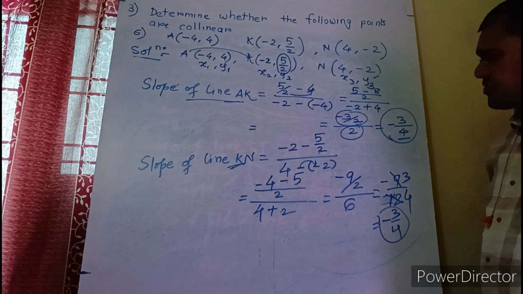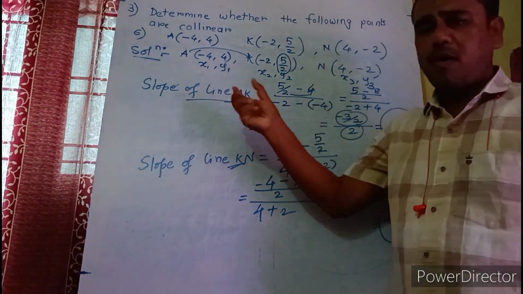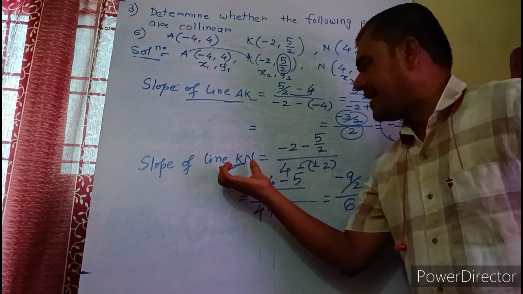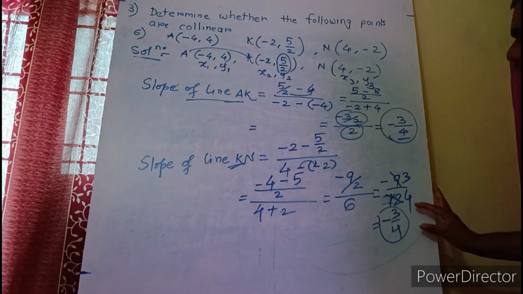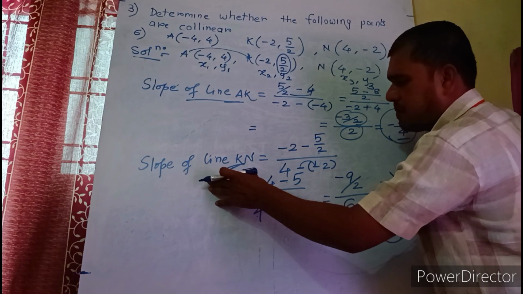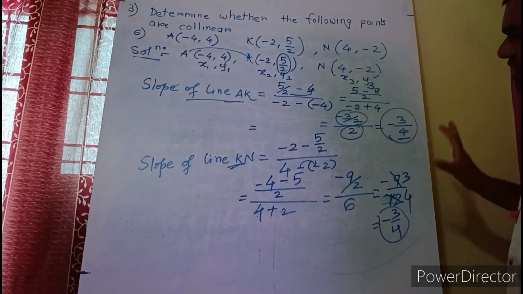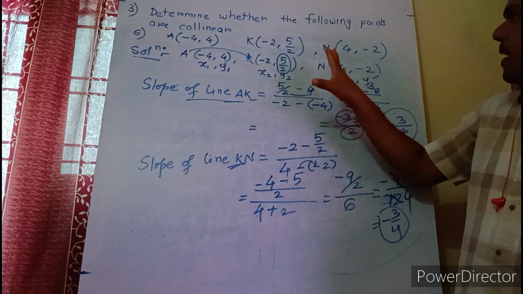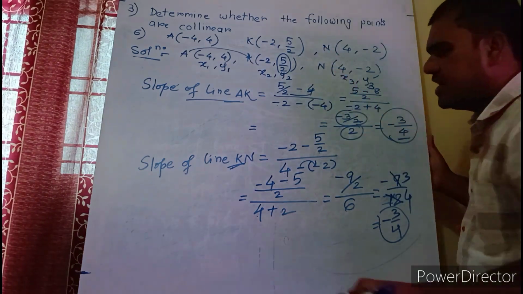On observing, we see that the slope of line AK is minus 3 by 4. At the same time, the slope of line KN is also minus 3 by 4. It means that the slope of line AK and the slope of line KN are both equal. Therefore, these points, point A, point K and point N, are collinear.